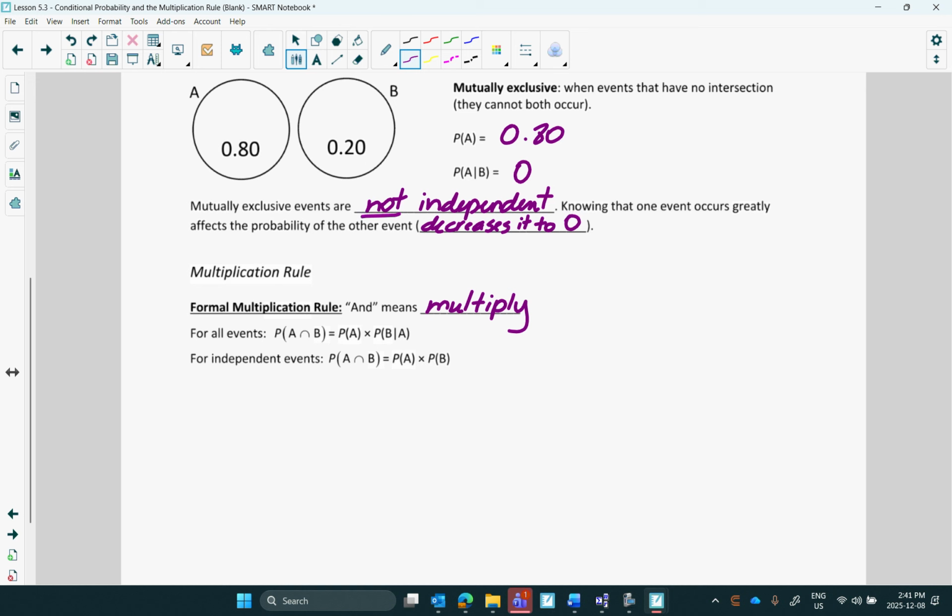If the two events are independent, one doesn't affect the other, I just multiply the two probabilities together. That's it. So there's lots of different questions that can be asked.